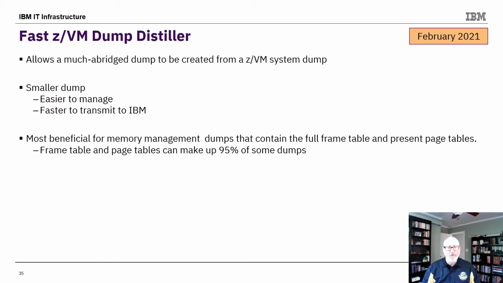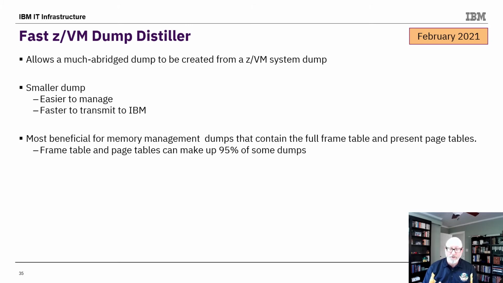Now, for those really large dumps, particularly those that include the frame table and the page tables that were present, that can consume a lot of memory. And so one of the things that we came up with was the fast ZVM dump distiller, right? So a way to create a much smaller dump, transmit that to IBM. Since it's smaller, it's going to FTP a lot faster.